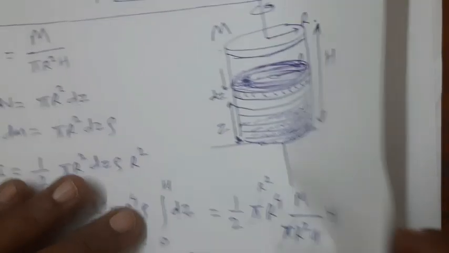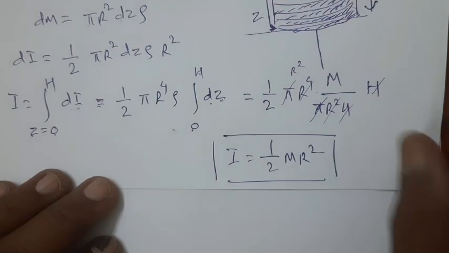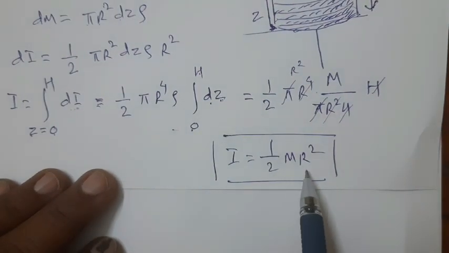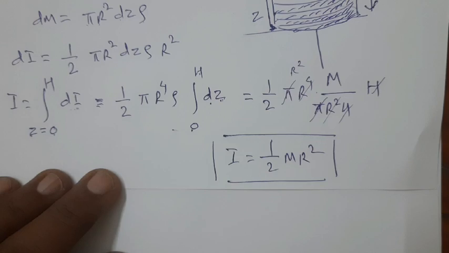And therefore, we will have to conclude that the moment of inertia of a cylinder of mass m and radius r is half mr square. No need to specify its height, whether it is h or more than that or less than that. Okay. Now this is about the formula for moment of inertia of a cylinder.